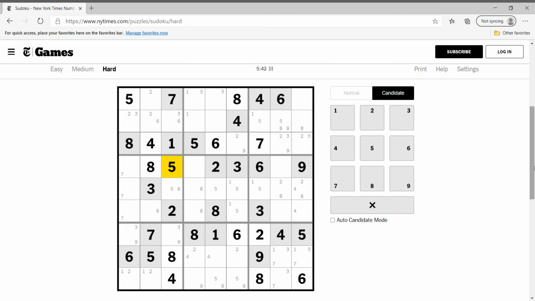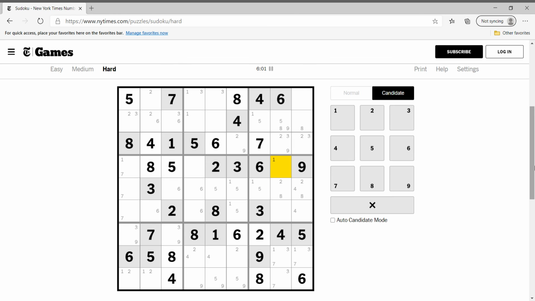Yeah, this is a naked 5. Okay. So what else do we need in this row? So again, we need 1, can be here. This cannot be 1. We already talked about it. This can be 1, right?